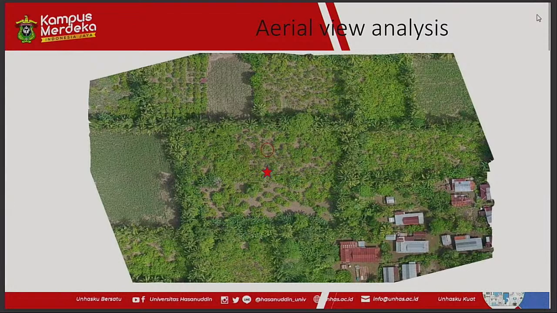Looking at the greening leaves, twigs, and also many plants are dying, and this can support our conclusion at the end. So this is the aerial view we did to get a good result. Next, please.